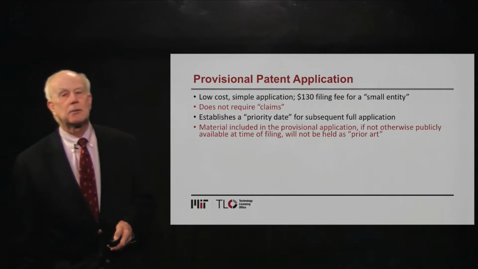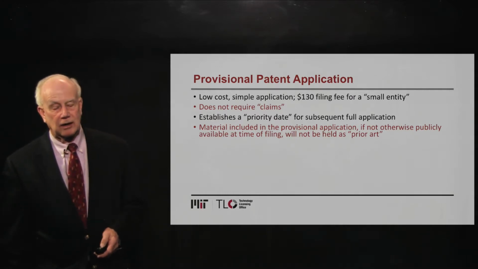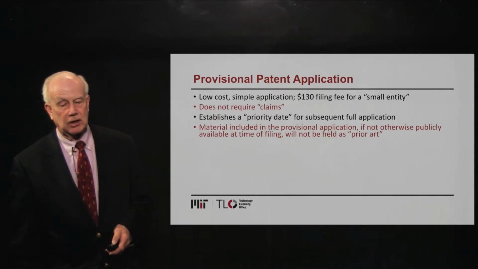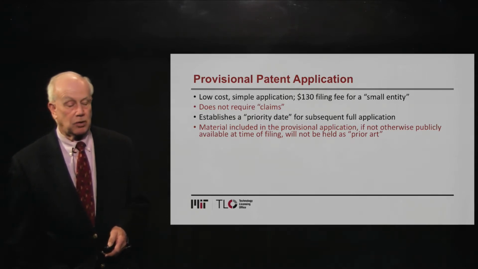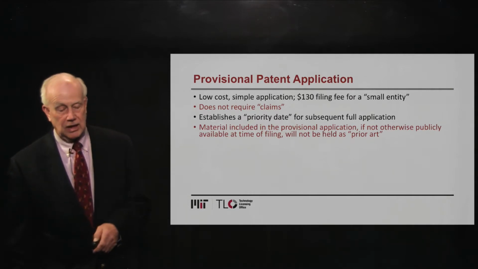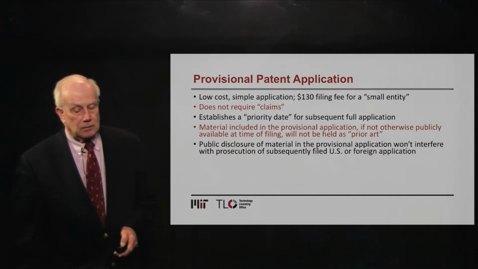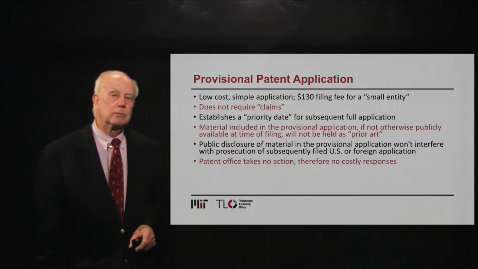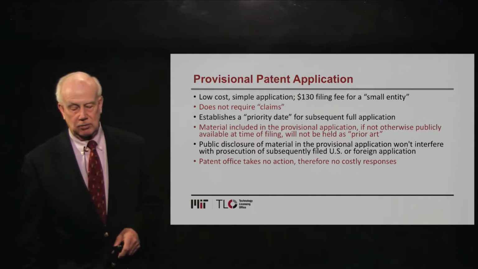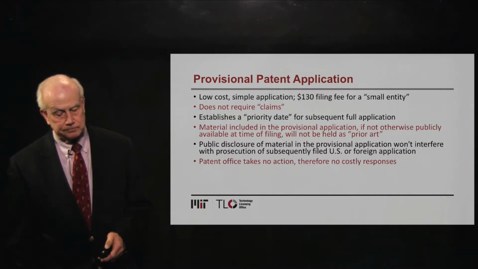But material that comes into the public domain or is published by someone else between the time of the provisional patent filing and the filing of the utility application will not be held against the patent applicant as prior art, because the priority date of the provisional application stands before the publication of that other material. The Patent Office doesn't take any action on a provisional patent application. It is not published until or unless it is used as the basis for a utility patent application.